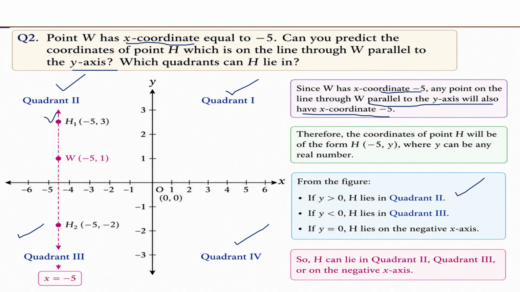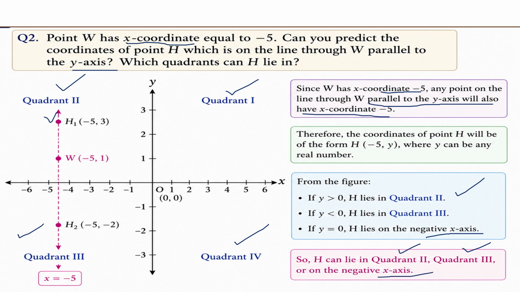And if y is less than 0, that means H lies in quadrant number 3. And when y is equal to 0, it lies on the negative x-axis. So H can lie in quadrant number 2, quadrant number 3, or on the negative x-axis.